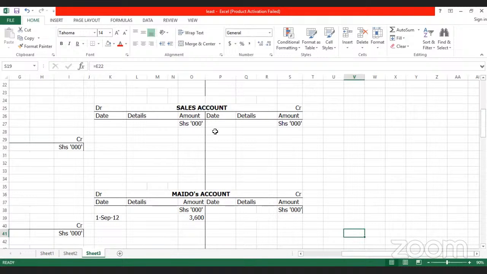So the sales account is going to be credited, and these customers' accounts will be debited to the amount of credit sales. That transaction is on which date? 3rd September 2012. We have sales to Maido. How much are the sales to Maido?